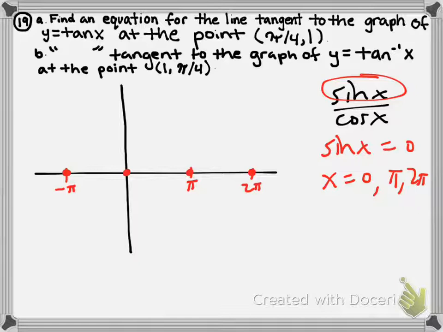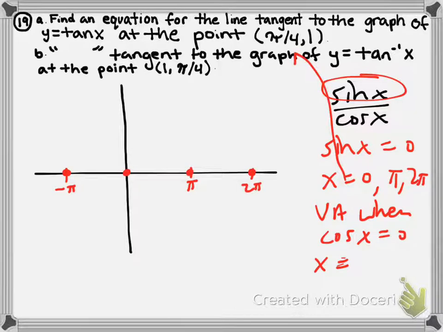Now, you're going to have vertical asymptotes when the denominator is equal to 0, so when the cosine is equal to 0. I'm trying to zoom in here a little bit so I can write it neater. So when x is equal to pi over 2, 3 pi over 2, and so forth, we're going to have vertical asymptotes.